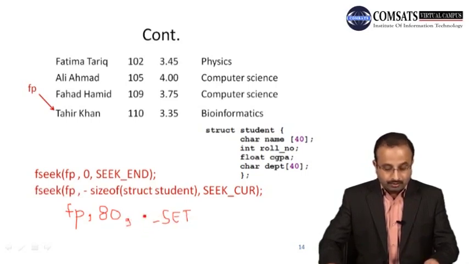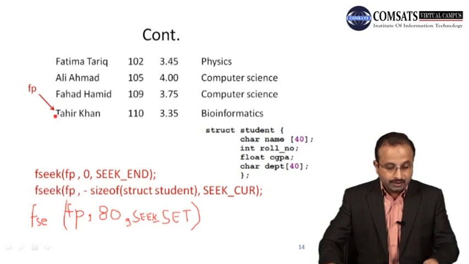I'm writing it with the mouse, so it's very difficult. So the third parameter is seek set, and this is the fseek function. So if we call this function like this, what will happen?